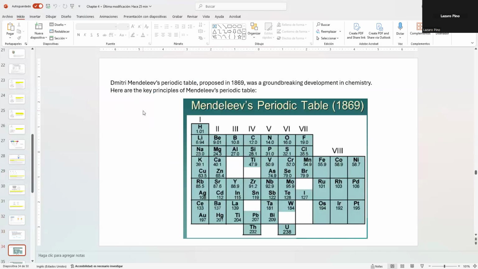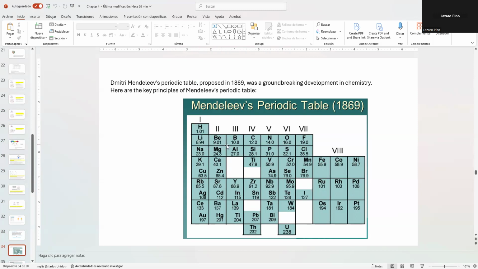Dmitri Mendeleev proposed the periodic table in 1869. He considered that the atoms can be ordered by atomic mass.